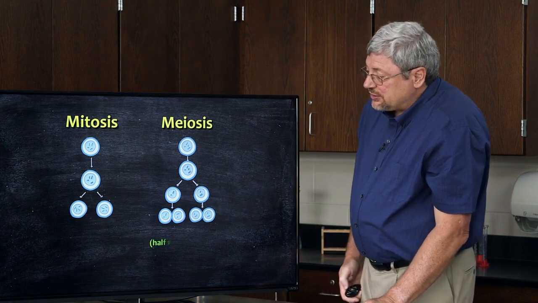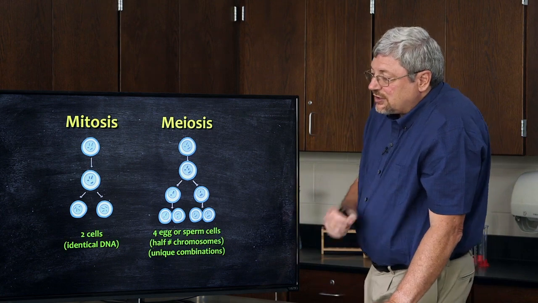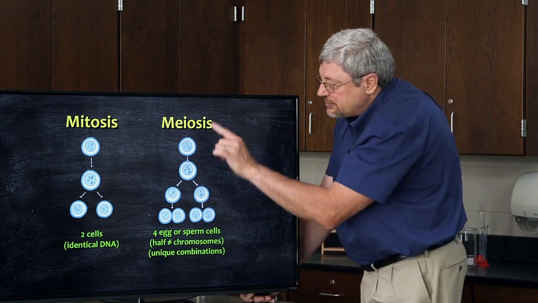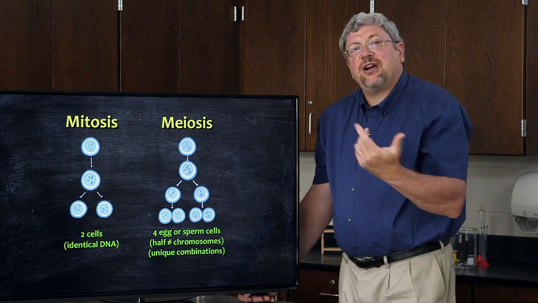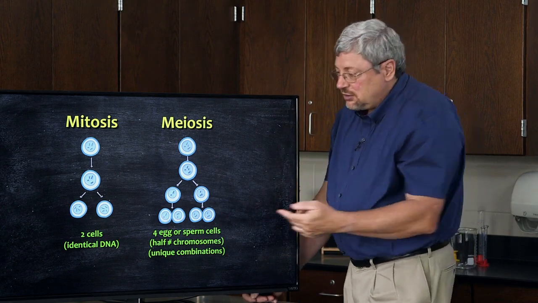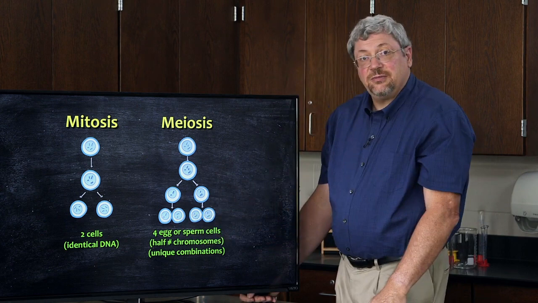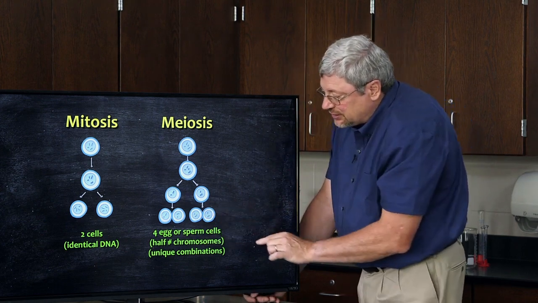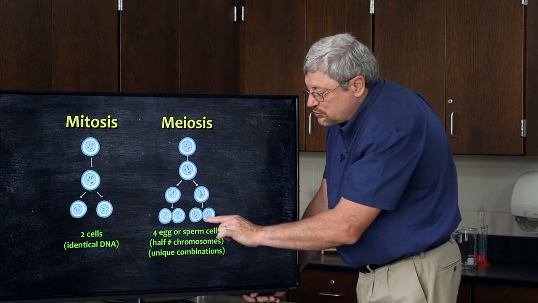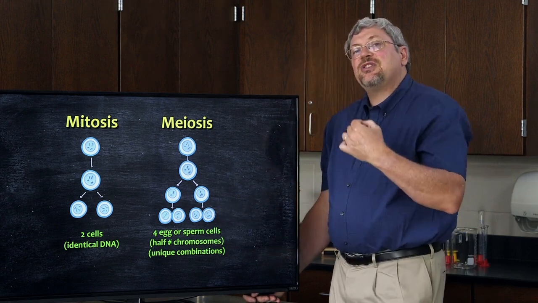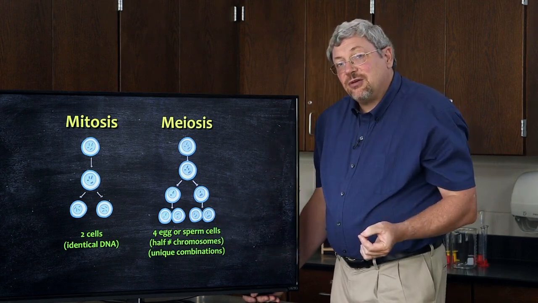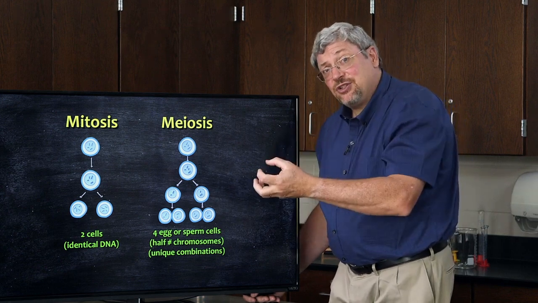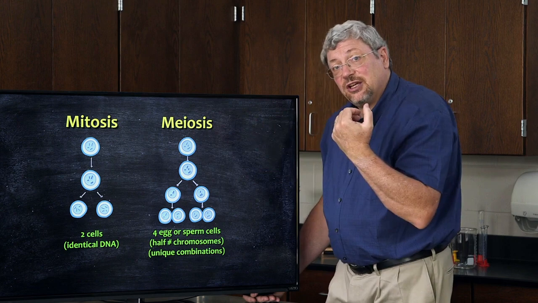So the 2 result in a very different kind of end product. In the case of meiosis, these 4 cells are either 4 egg cells or 4 sperm cells. And in the process of reproduction, if a sperm cell from one individual swims over and fertilizes the egg cell from another individual, you realize the sperm cell is carrying half the genetic material of the original cell.